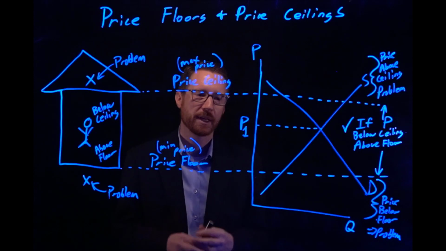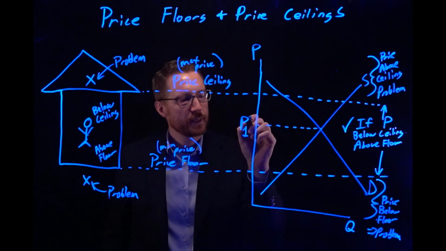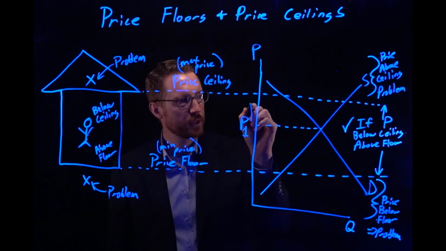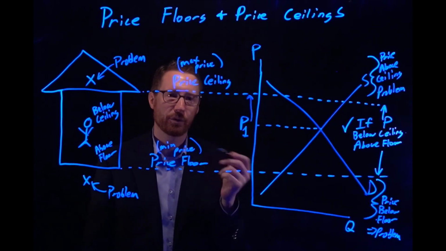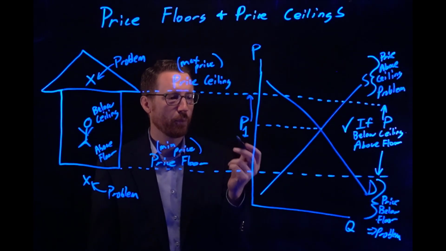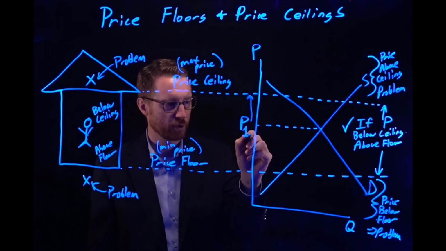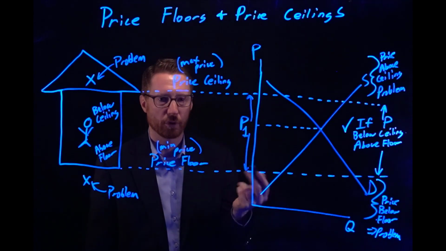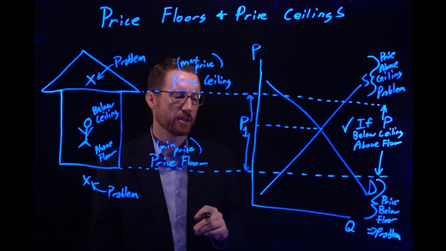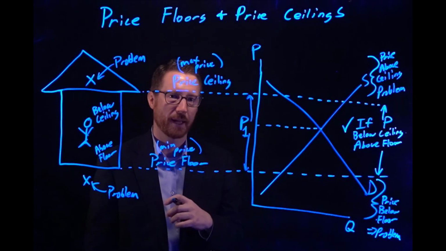So what happens when price is increasing, it's working its way up, and it runs into that ceiling and can't go through it? We end up with an issue of surpluses and shortages when the price is running into the ceiling or the floor. That's our distortion that's caused by these policies.